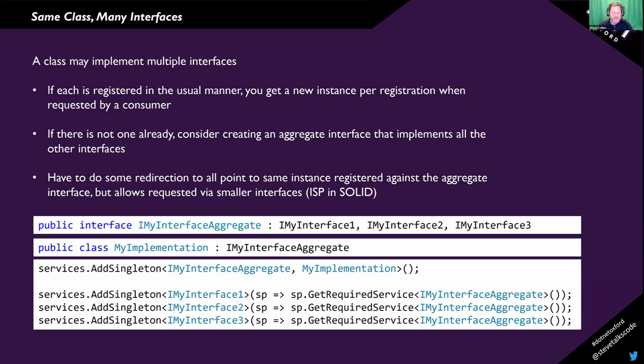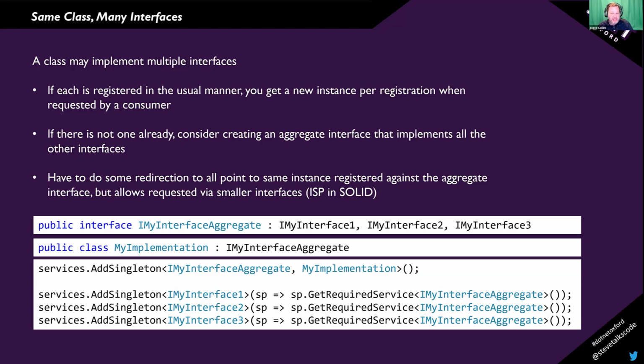So regardless of whether it's transient or scoped or singleton, if I've got my implementation A and I register my implementation A as interface 1, my implementation A as interface 2, 3, you'll get a different instance depending on whether you called interface 1, 2, or 3. Really, what you want that to do, especially if it's a singleton, is you want, regardless of what interface you come in on, you want that same instance to come back.